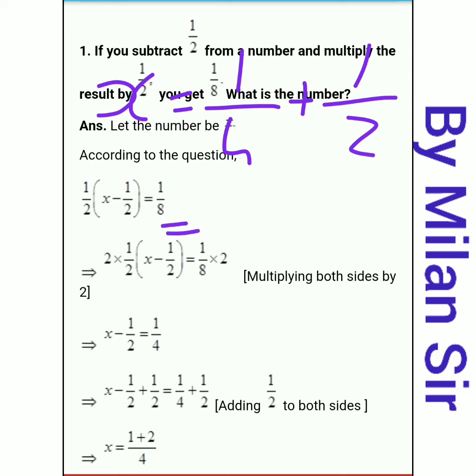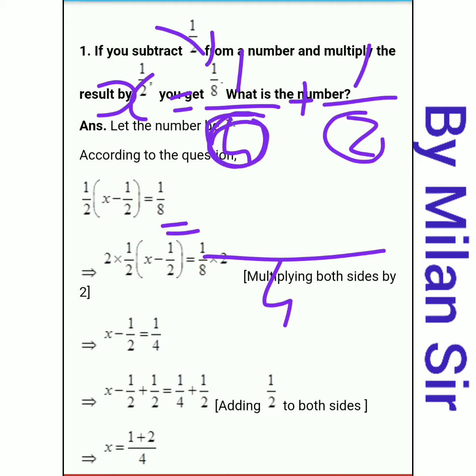Now we need to take the LCM here. LCM of 2 and 4 is 4, because 4 is present in the table of 2. Here in the first term we already have denominator 4, so we do not need to change anything. The numerator 1 is as it is.